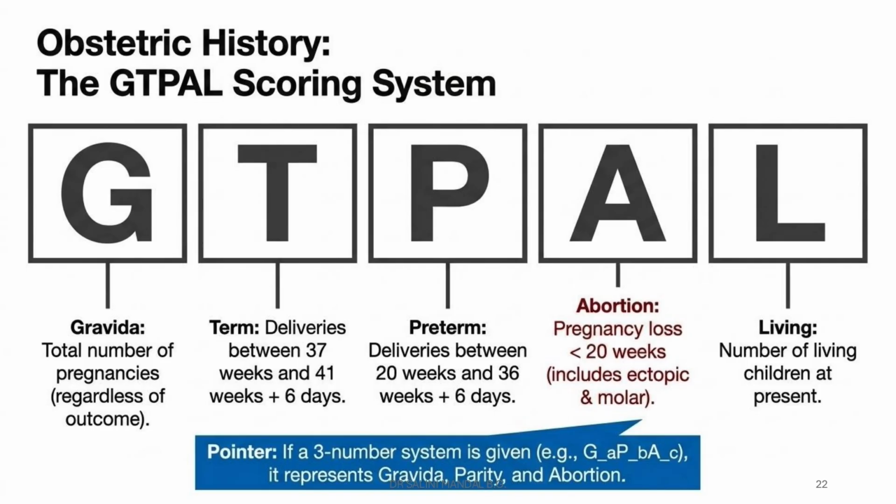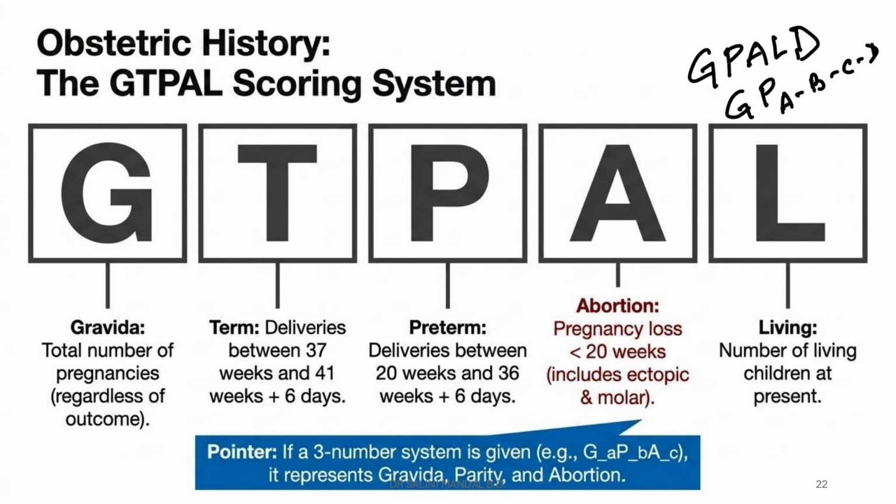Next one, a little about the basic things, that is GTPAL. Initially we used to say GPALD, right? Gravida, para, abortion, living and death. But afterwards, we have GTPAL. G means gravida, the total number of pregnancies regardless of the outcome. Then we have para.